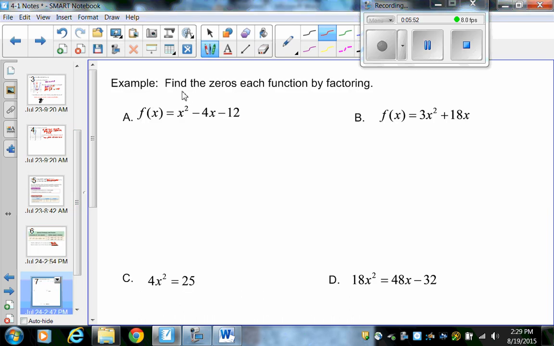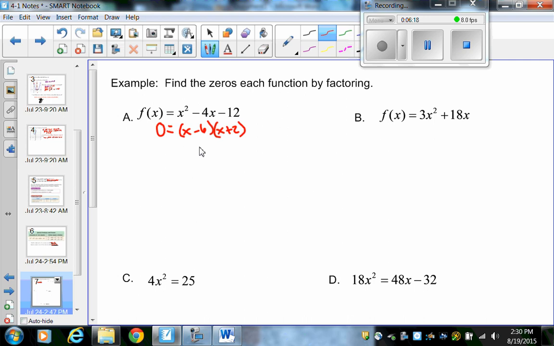It says, find the zeros of each function by factoring. So I notice that this has a 1 here, so I know this is going to factor to two things with x and x. And the only numbers that multiply to be negative 12 and add to be negative 4 would be a negative 6 and a positive 2. And since we're finding the zeros, we're going to set this equal to 0.